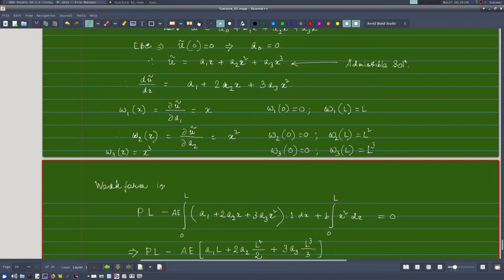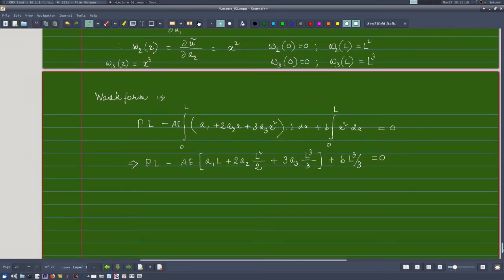So this is my first integration, plus b L cube by 3 is 0.